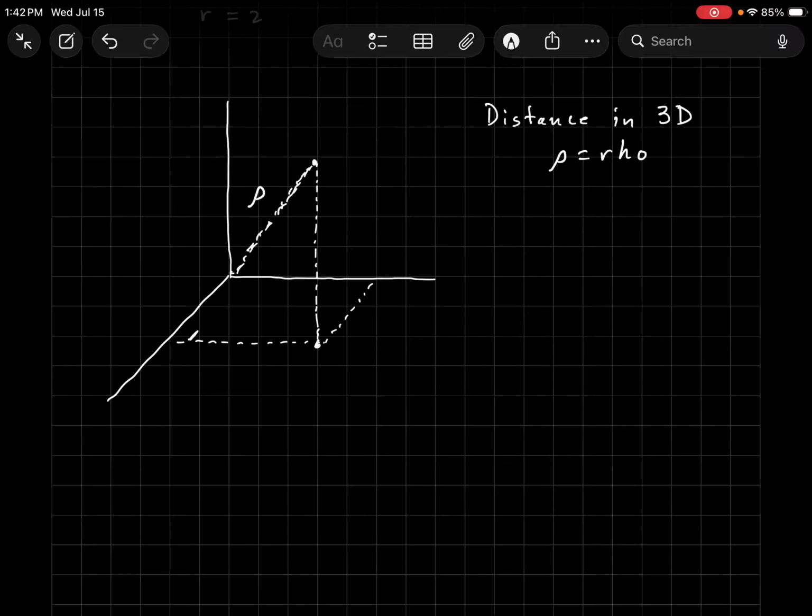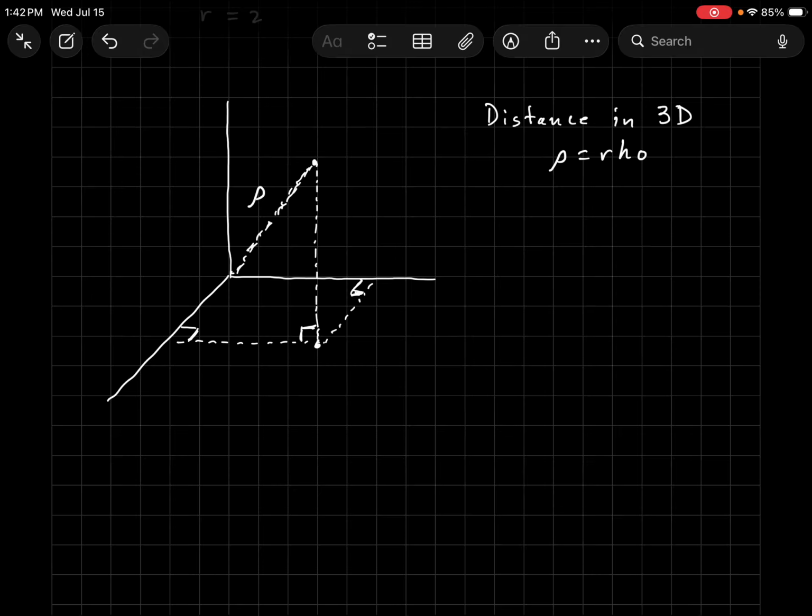It might not look like it on your screen, but I want to indicate where the right angles would be. So there's a right angle there in the xy plane. There's another one over here that I would normally not draw, but I'll draw it here as well. So it looks like a parallelogram, but it's really a rectangle. And then we have a right angle going up from the xy plane to the z.